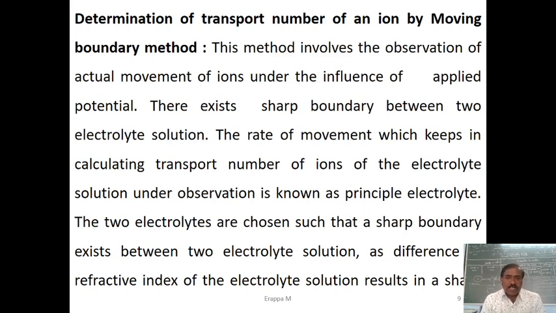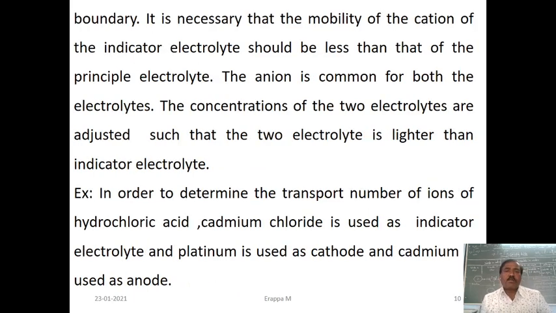The two electrolytes are chosen such that a sharp boundary exists between the two electrolyte solutions, as the difference in refractive index of the electrolyte solutions results in a sharp boundary. It is necessary that the mobility of the cation of the indicator electrolyte, the reference electrolyte, should be less than that of the principal electrolyte.